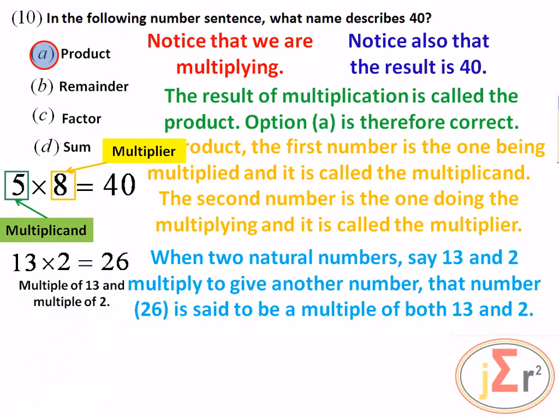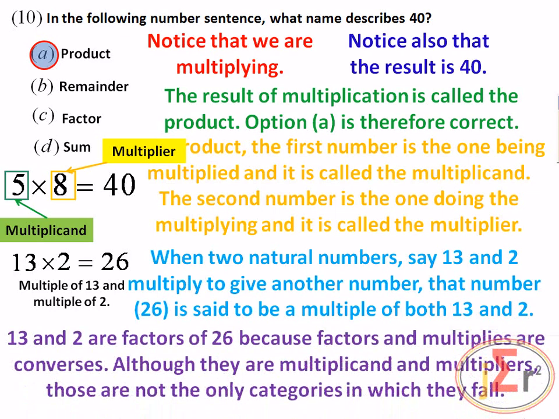So, 13 multiplied by 2, the result is 26. Therefore, 26 is a multiple of 13 and a multiple of 2. 13 and 2 are factors of 26 because factors and multiples are converses. Although they are multiplicand and multipliers, those are not the only categories in which they fall.